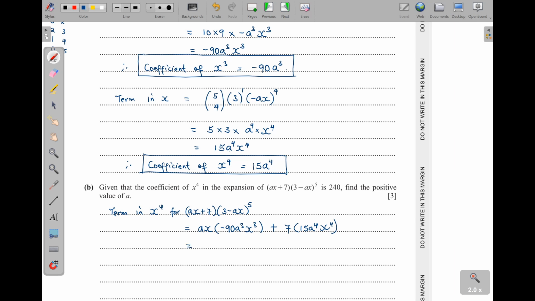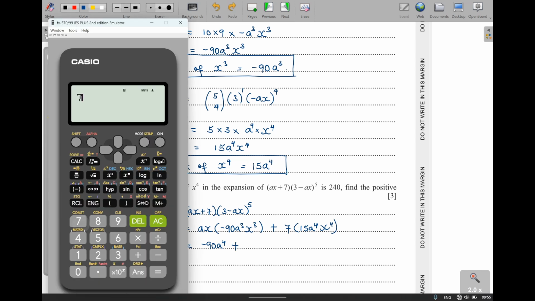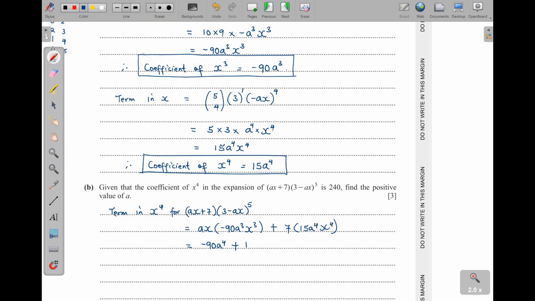Okay, so meaning we shall have negative 90 a to the power of 4, and then plus 7 times 15. 7 times 15, we have 105. So I'll write here 105 a to the power of 4, and then the whole of this ends in x to the power of what? 4. 105 minus 90, of course that one will give us a 15.